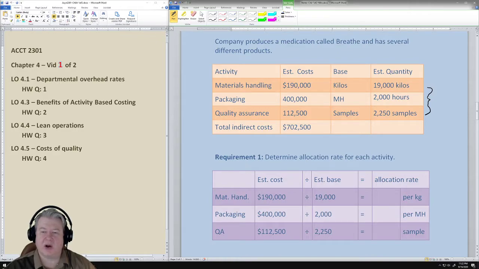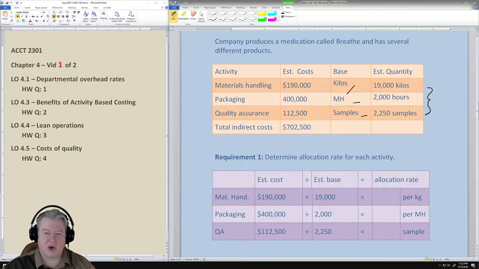We have 3 categories. And each category will have its own thing. So you say this one is done according to kilos, this one is machine hours, and this is according to samples. Now you notice here we don't have anything to do with direct labor. So each time we have a new category, we can have different ways we measure it.